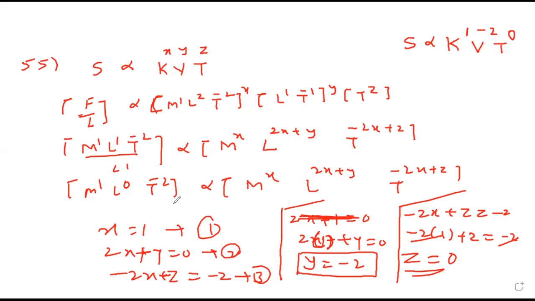K1 is correct, V minus 2 is also correct, T raised to 0 I have to check. Just write till this, maybe the answer is printed wrong. There may be some printing error. Afterwards I will check whether it is a printing error, but as per our calculation, we got this as the answer.